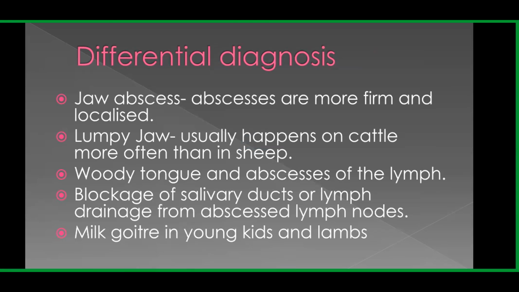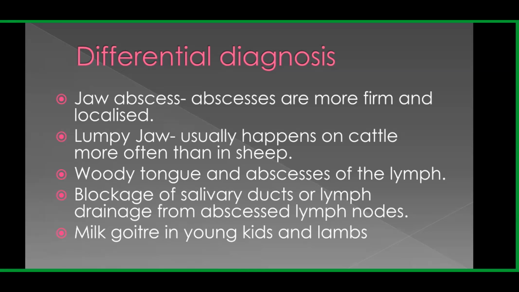Again, a condition known as lumpy jaw. Here also it is because of Actinobacillus, actinobacillosis. It is very common in cattle, and it is also seen in sheep in certain areas. So this is also mistaken for bottle jaw.